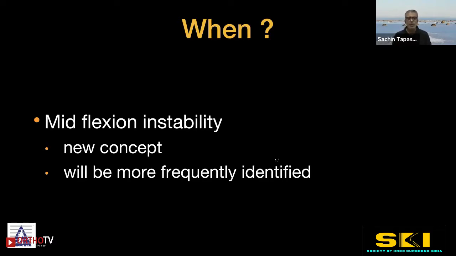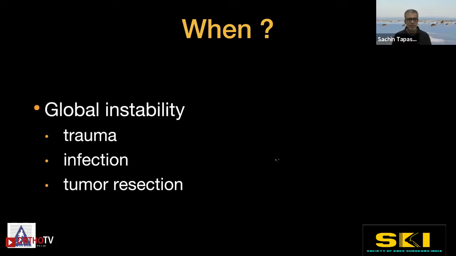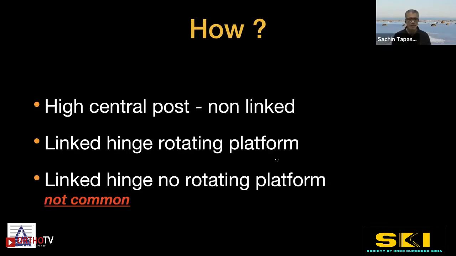And I think with increasing number of knee replacements, there's a higher chance that we will start identifying more and more patients who are not happy because they have mid-flexion instability. And lastly, we're going to be looking at the cases of global instability, especially following trauma or infections, or if you've done a tumor resection, which seriously compromise the insertion points of your collateral ligaments.